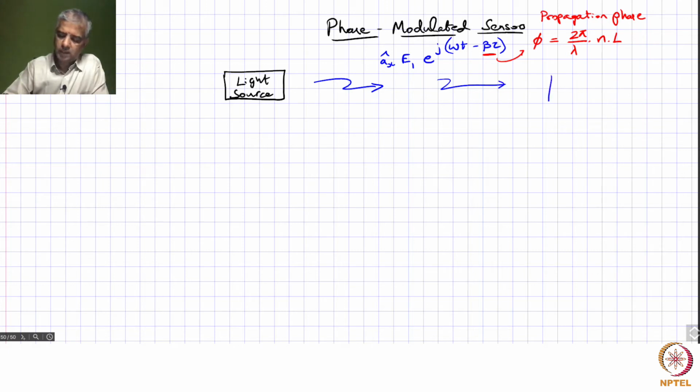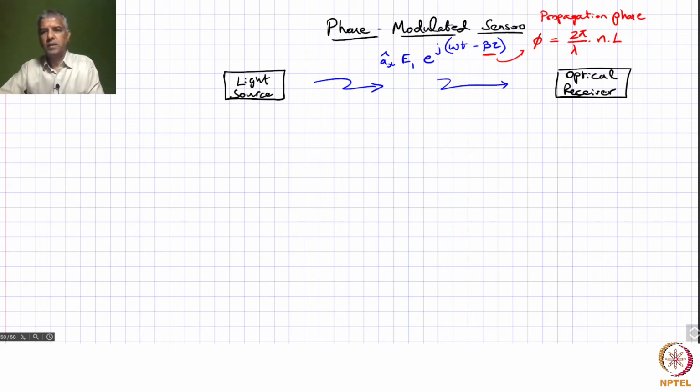Well, what are those challenges? If you look at your conventional optical receiver, which consists of a semiconductor photodiode with all the other electronics around it, that photodiode is not sensitive to phase changes.